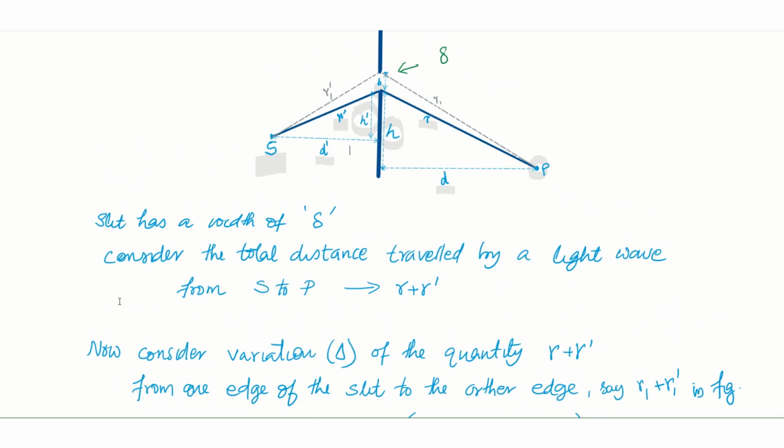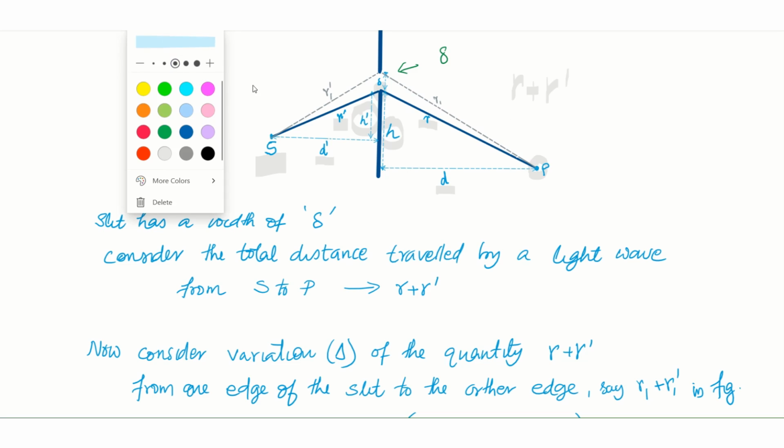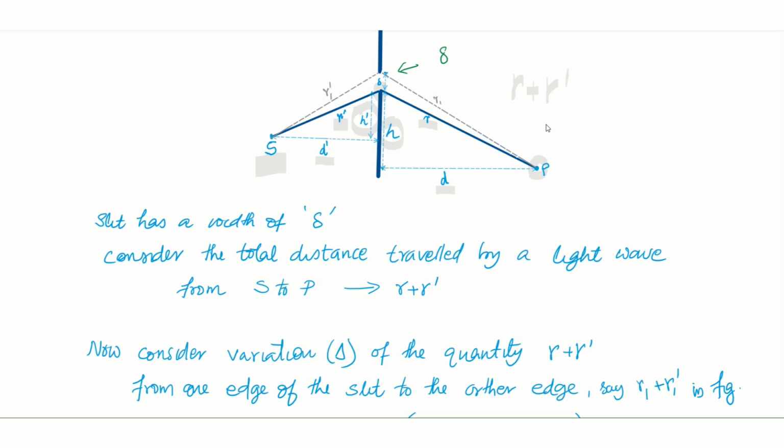Now, what we are interested in: the light travels a distance r plus r prime from the source to the observation point at one end of the aperture. On the other end, let's say the distances are r1 prime and r1.